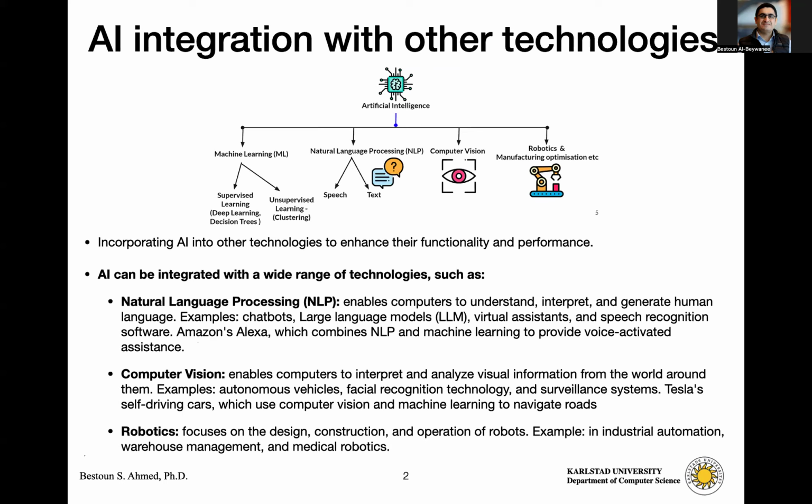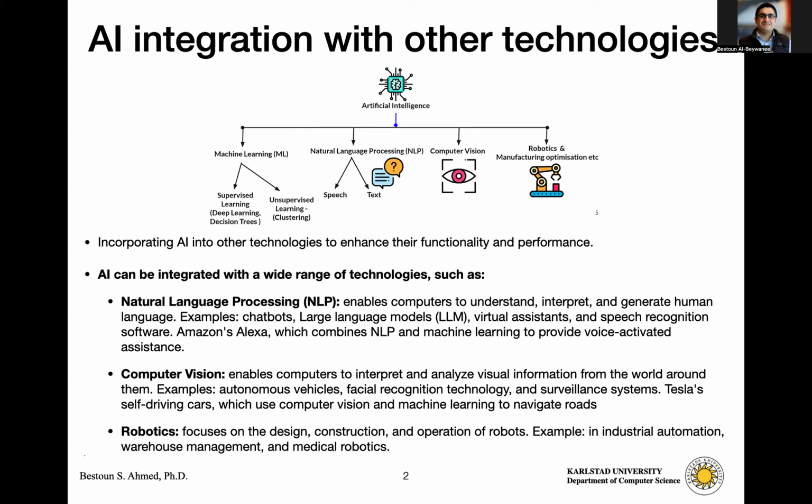You can see that nowadays there are integrations of AI with other technologies, and that makes AI more interactive and gives more applications to AI. So mainly there are many directions of AI.